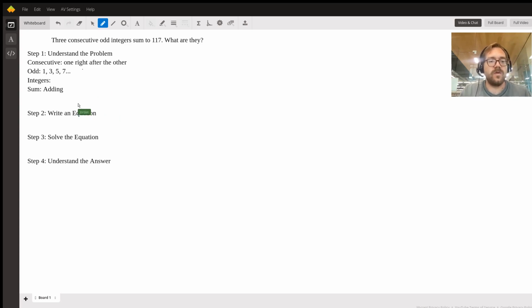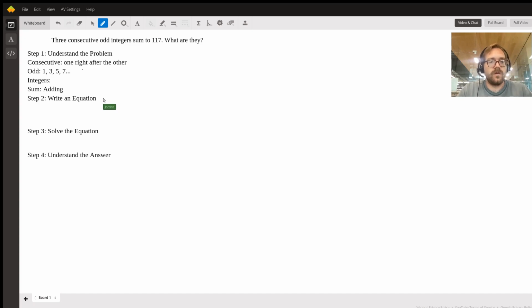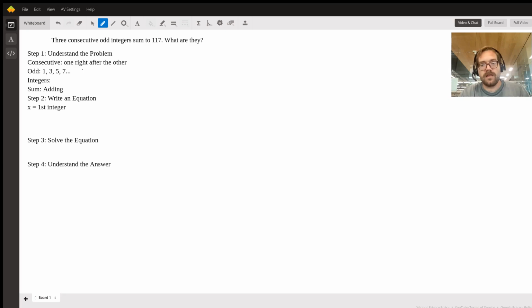So to write our equation, let's call our first odd integer x. We're just defining x as that first integer. Then the next odd number wouldn't be x plus 1, because if we have the number 2, the next number is 3.